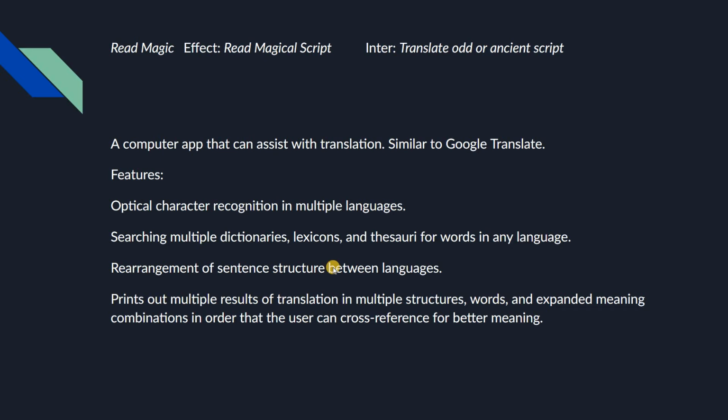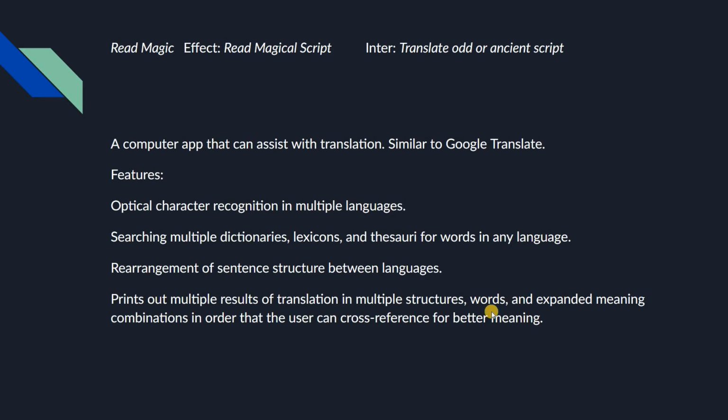So then you would hopefully have a way of identifying proper sentence structure between languages. And then you would print out the multiple results, hopefully, more than Google Translate. You would print out basically multiple options of the translation, with different structures, words, and expanded meanings.